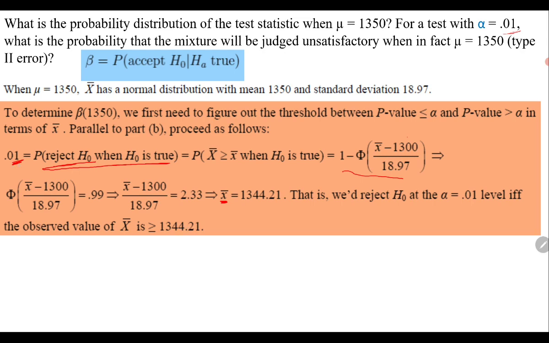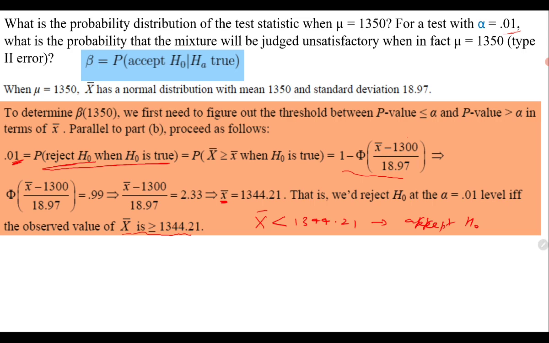It means that if x bar is greater than 1344, then this p value would be less than alpha. So for this value, we reject H naught. It means that if x bar is less than 1344.21, then we accept H naught.